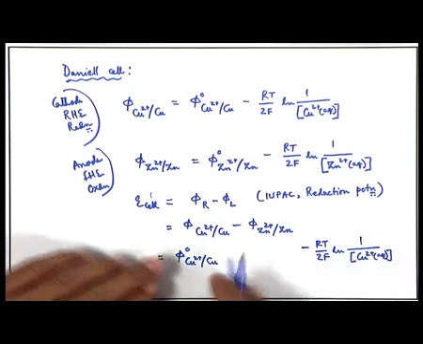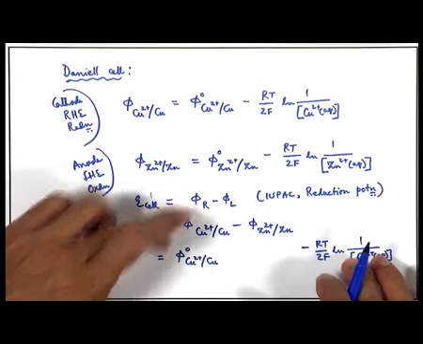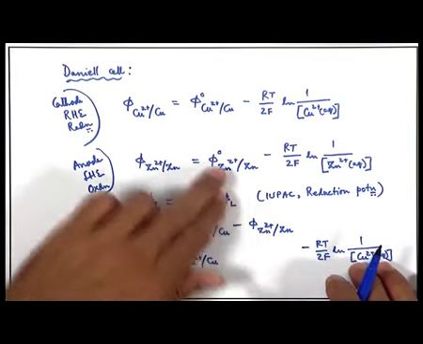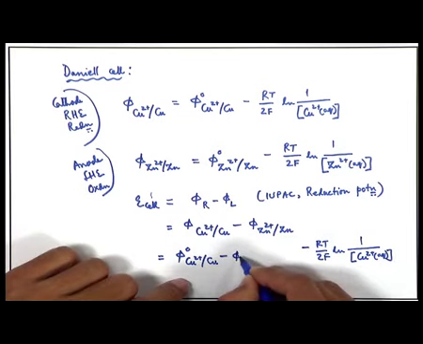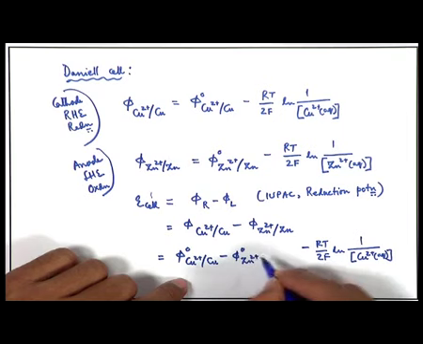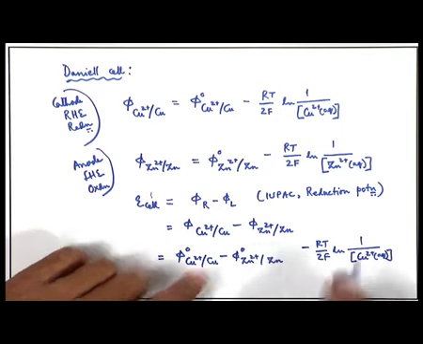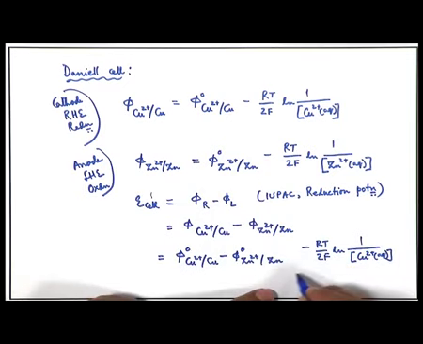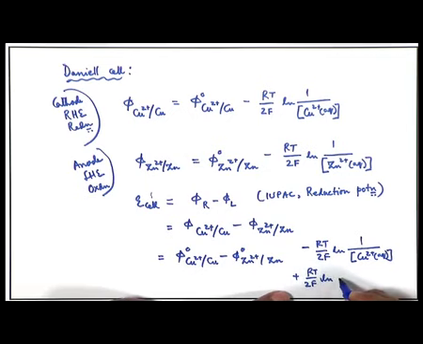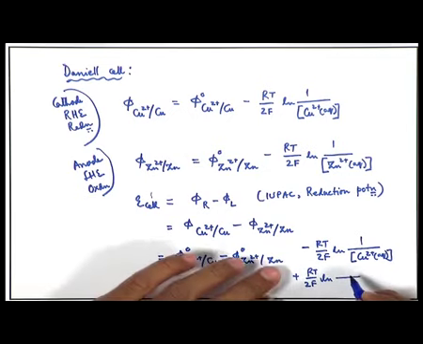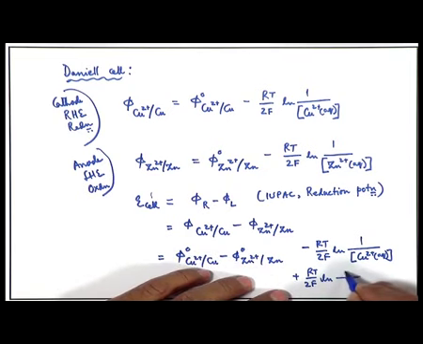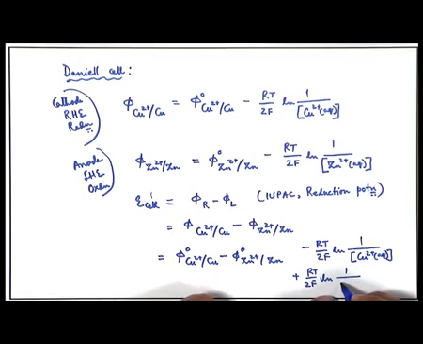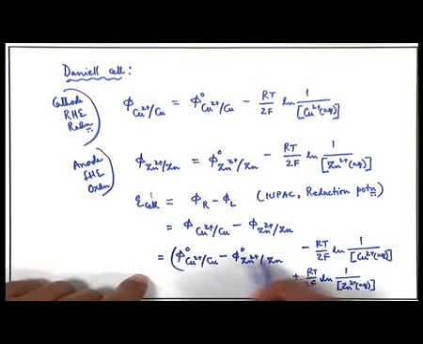So, this gives you this part, minus this one means minus phi naught zinc 2 plus zinc. And then minus means this will be plus. So, plus RT by 2F ln 1 by zinc 2 plus aqueous.